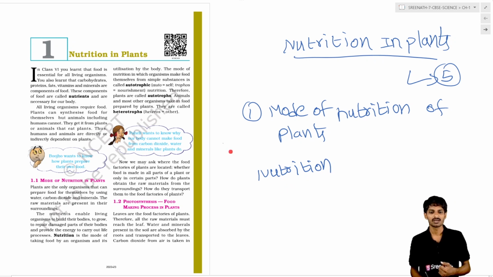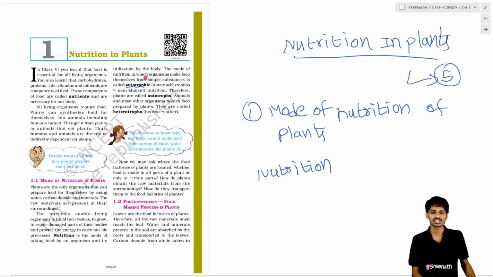In nutrition, we have autotrophic. What is meant by autotrophic? The organisms which prepare food themselves are called autotrophs, and the preparation of food by them is called autotrophic nutrition.